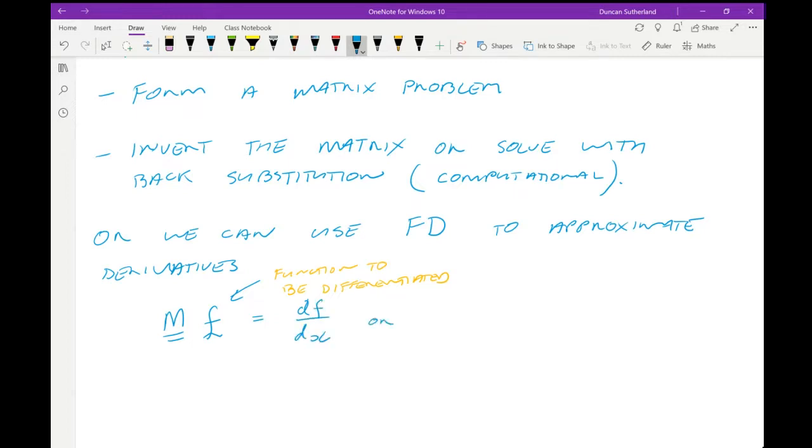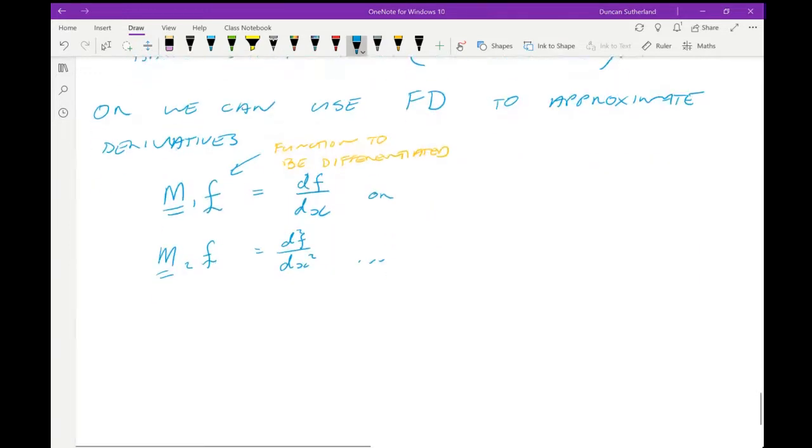Or, you know, if that's like a first derivative approximation, you could have a second derivative approximation, and so, etc.